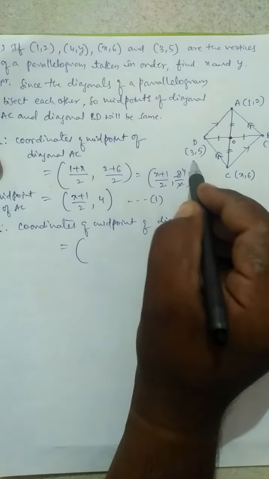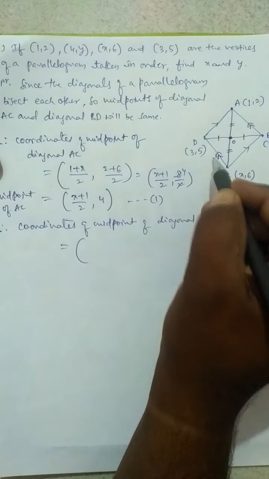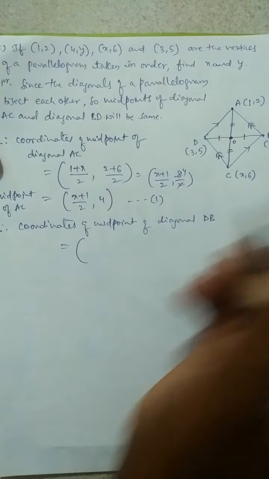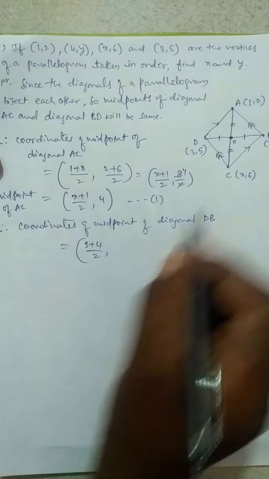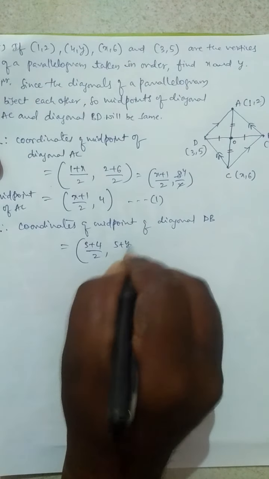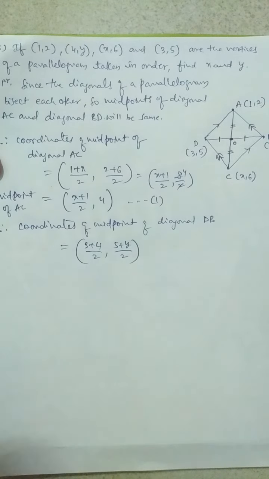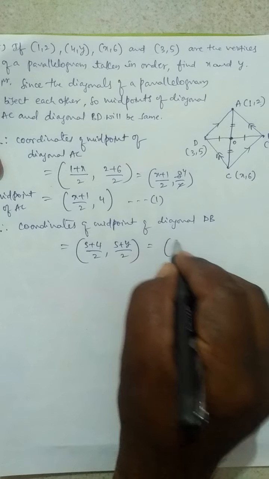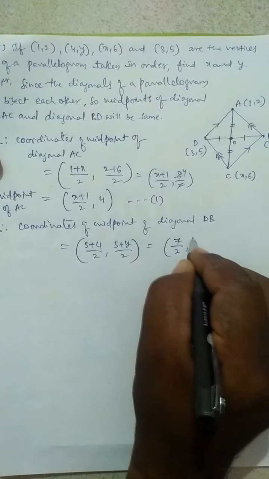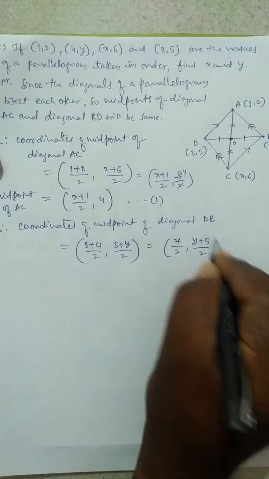So that is x1, y1, x2, y2: (x1 plus x2)/2, (y1 plus y2)/2. For that reason, (3 plus 4)/2 and (5 plus y)/2. If you simplify this, 3 plus 4 is 7 by 2, and this is (y plus 5)/2.